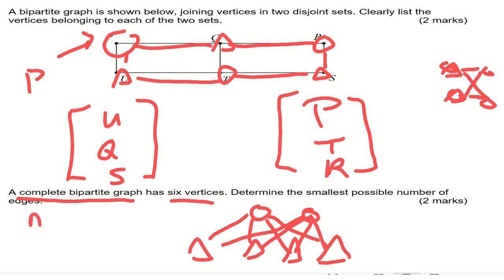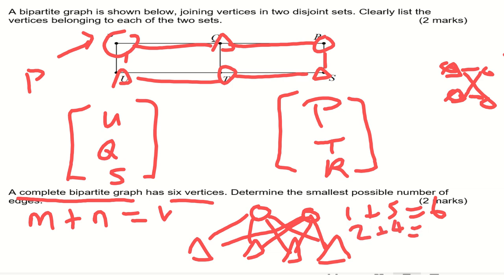So I know the number of vertices from one set plus the number from the other set must equal the total vertices. We know the vertices are 6, so I can get 1 plus 5, 2 plus 4, or 3 plus 3.